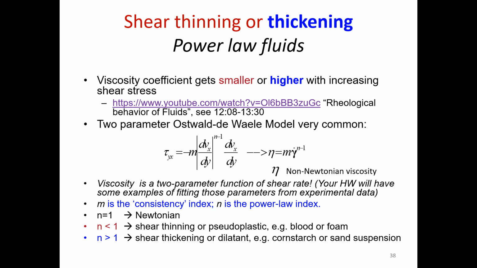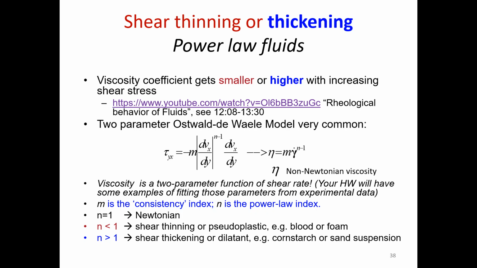Say somebody gives me tau yx, shear stress, versus gamma dot, and my assumed model for power law, you have to know what you're assuming before you fit, is m gamma dot to the n. I'm just going to simplify that. Because somebody gave me shear stress versus this.